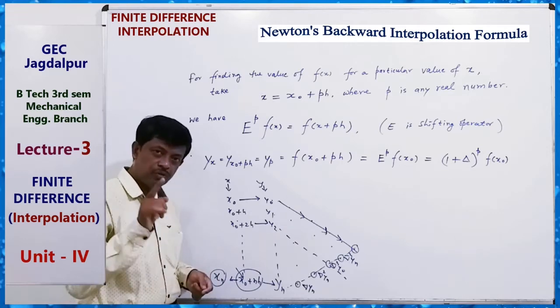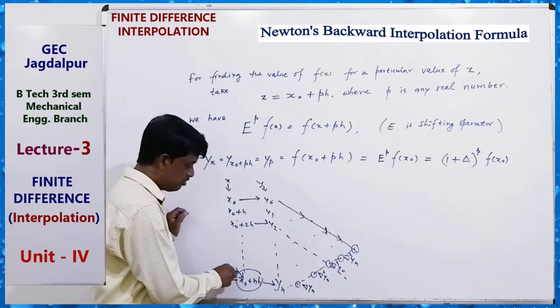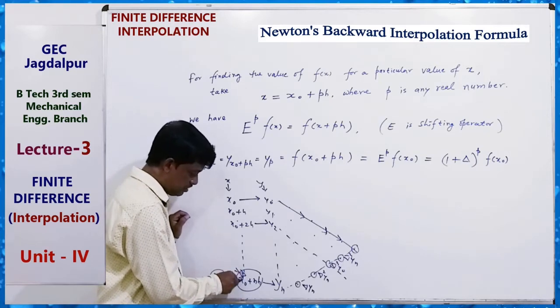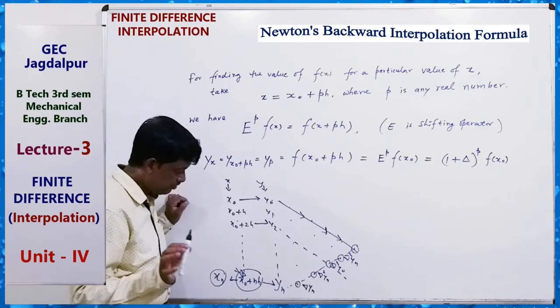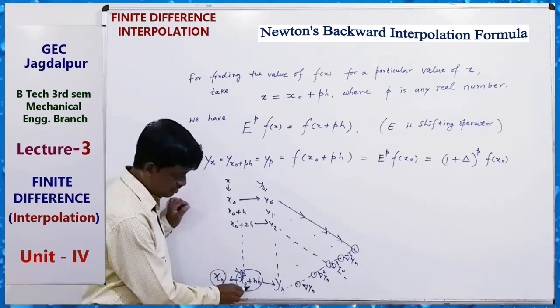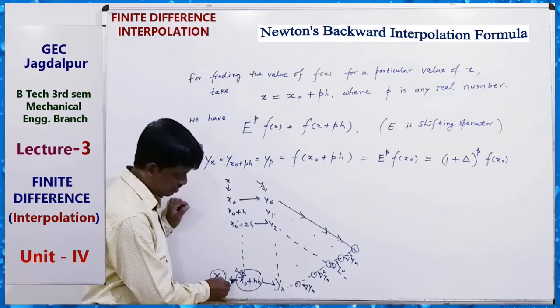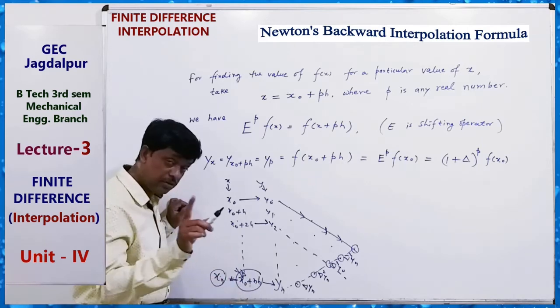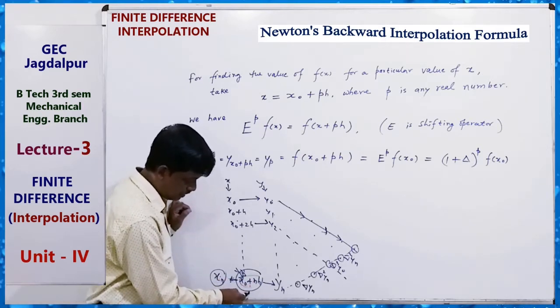If our targeted value lies nearer to this, generally our origin value follows the targeted value. If this is the origin value, then the targeted value will be here.